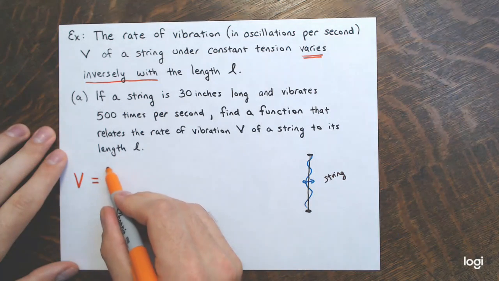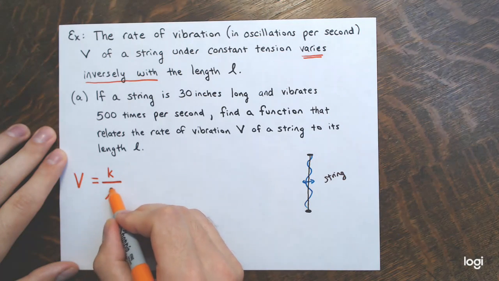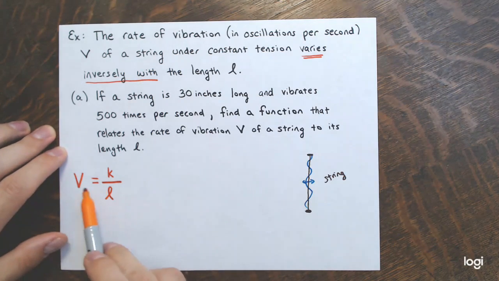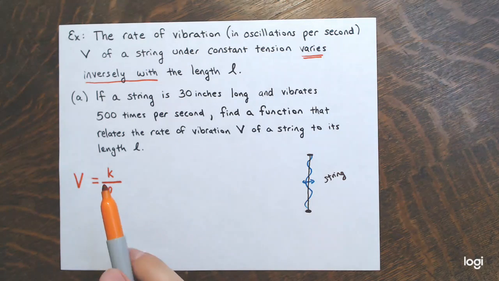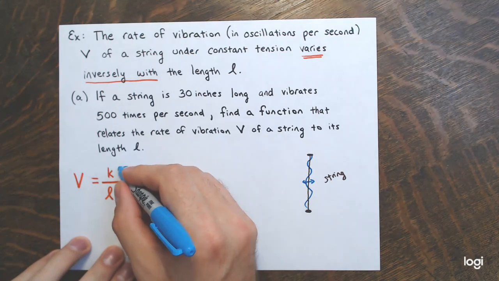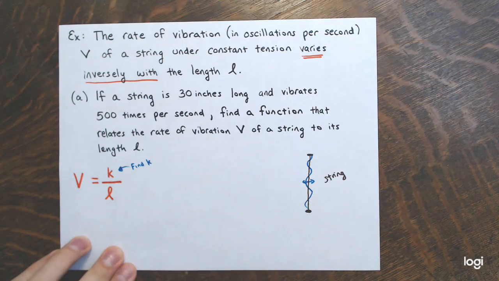So there's some non-zero number k, the constant of proportionality, divided by L. So V varies inversely with L. Just like before, I need to find k to complete the model.